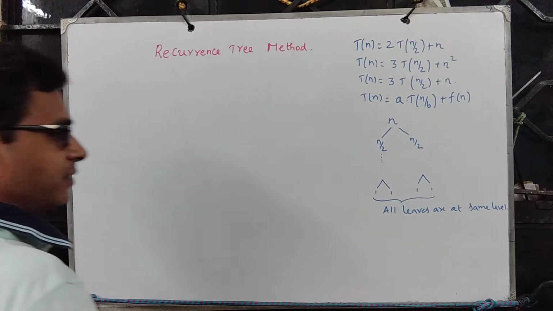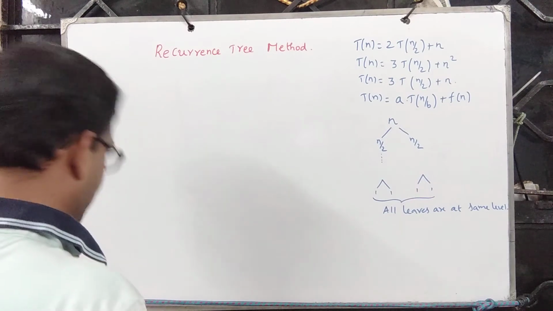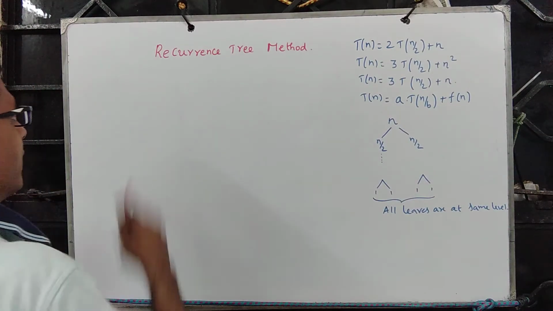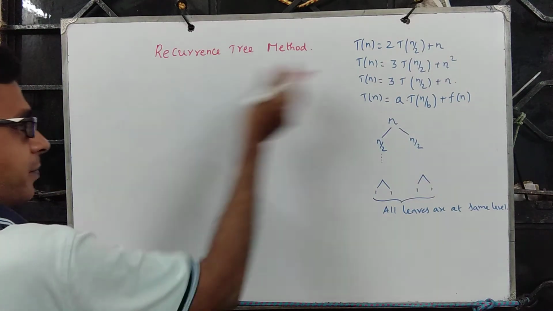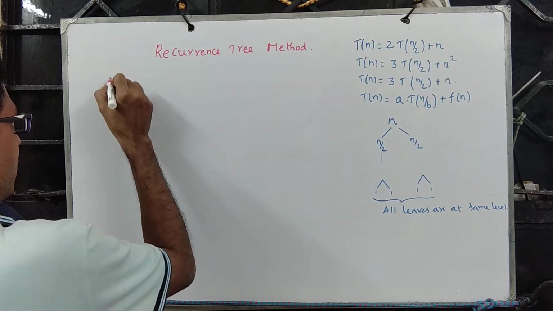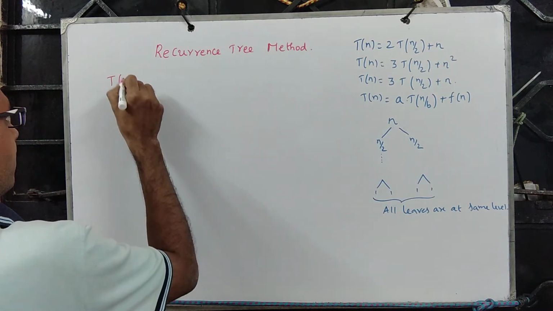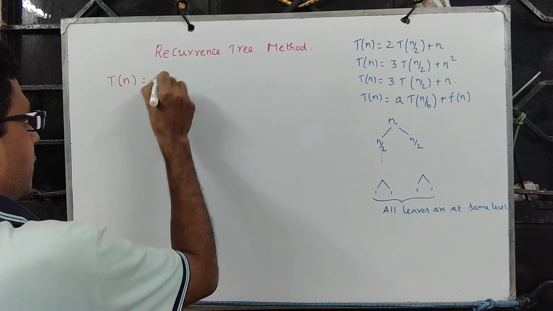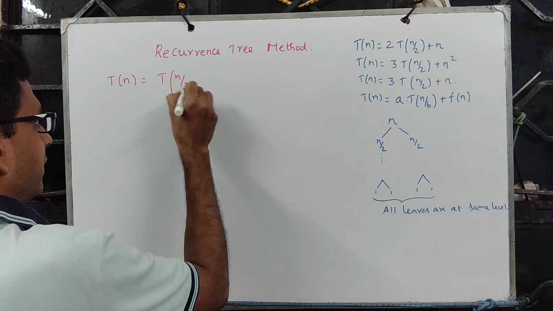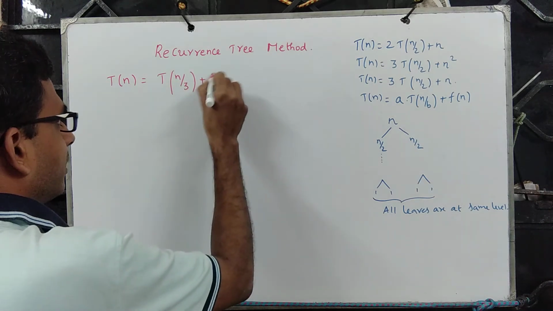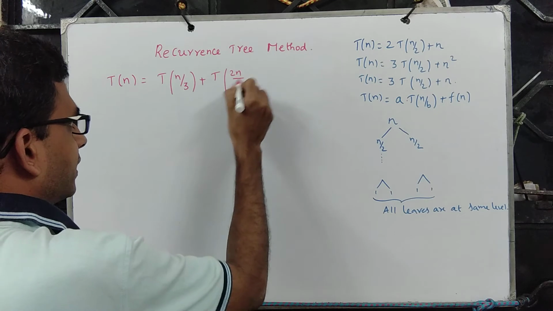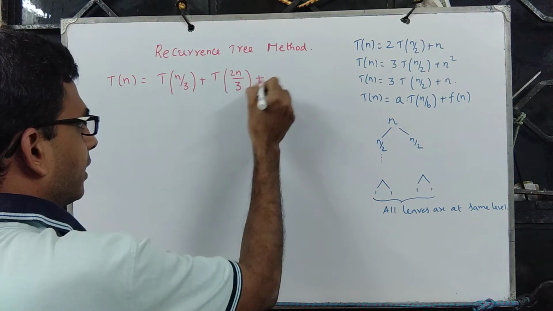Let's look at a relation where we have a different scenario and see whether the pattern we observed does it follow for this as well. So let's look at T of n is equal to T of n by 3 plus T of 2n by 3 plus n.